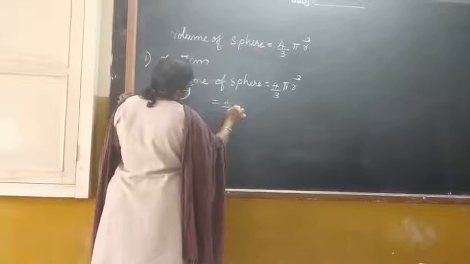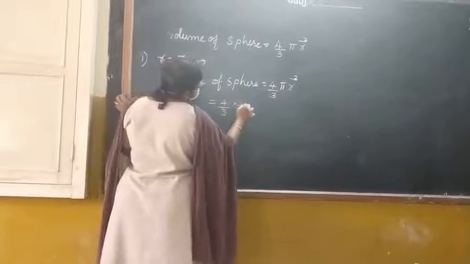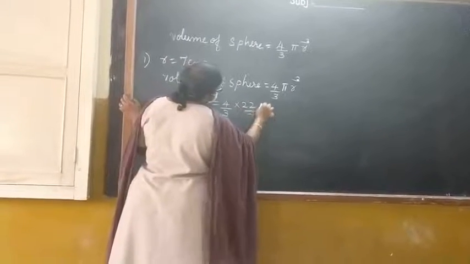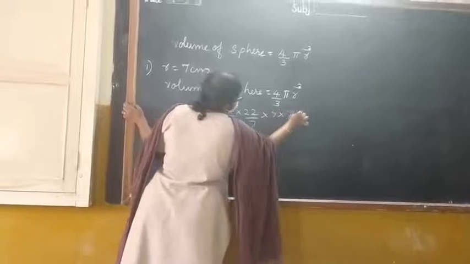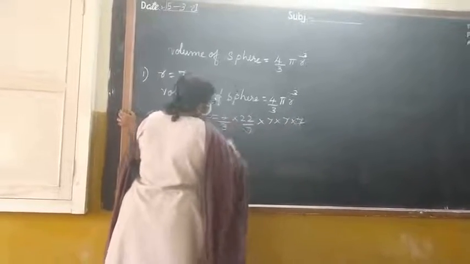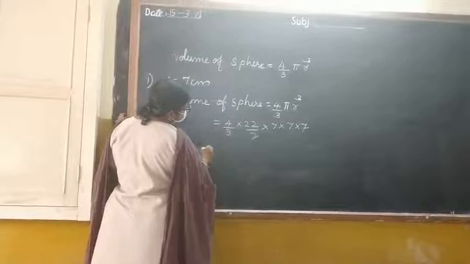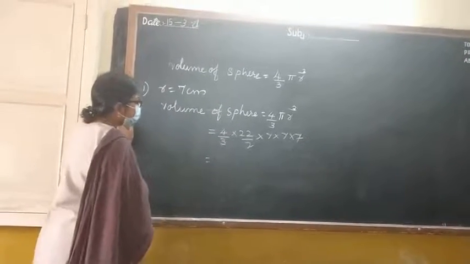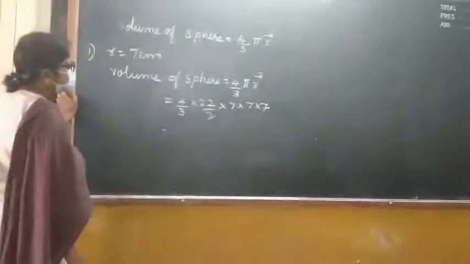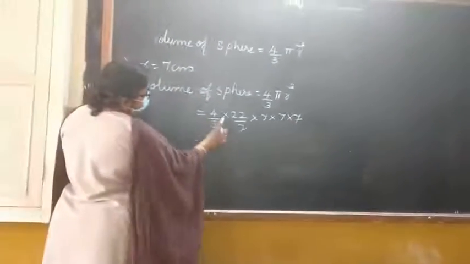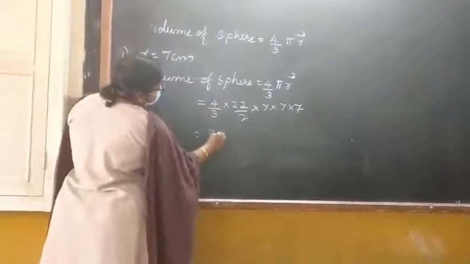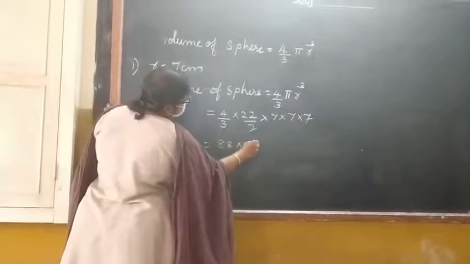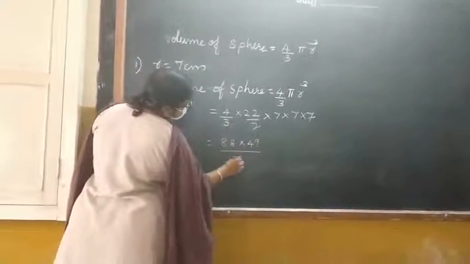So it is 4 by 3, 22 by 7 into 7 into 7 into 7. So one 7 you can cancel there. Now multiply 4 into 22, 88. 88 into 49 divided by 3.